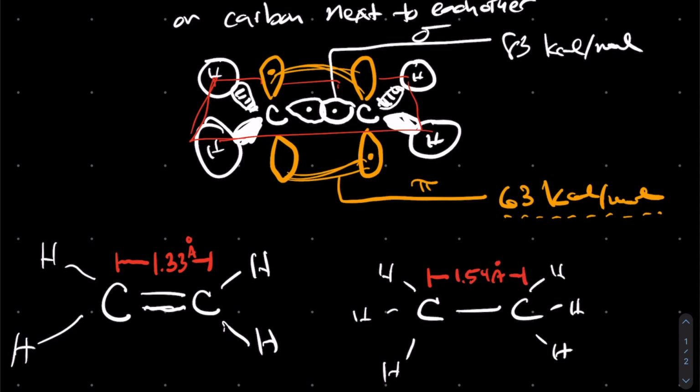All right, and that's compared to 1.33, so it's shorter. These carbon-hydrogen bonds, these are pretty typical bond lengths for carbon-hydrogen. They don't vary too much, carbon-hydrogen bonds. I guess this has been measured to be 1.09 angstroms between those two.